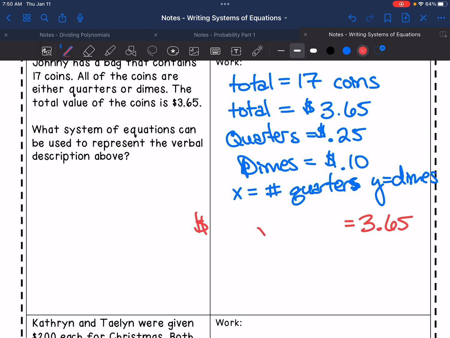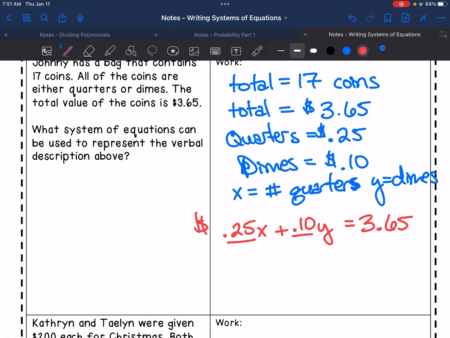I've got to add how much my quarters are plus how much my dimes are to make that $3.65. So I would multiply how many quarters I have by that 25 cents and how many dimes I have by that 10 cents, and that would give me $3.65. So that's one equation, the equation based off of the worth.